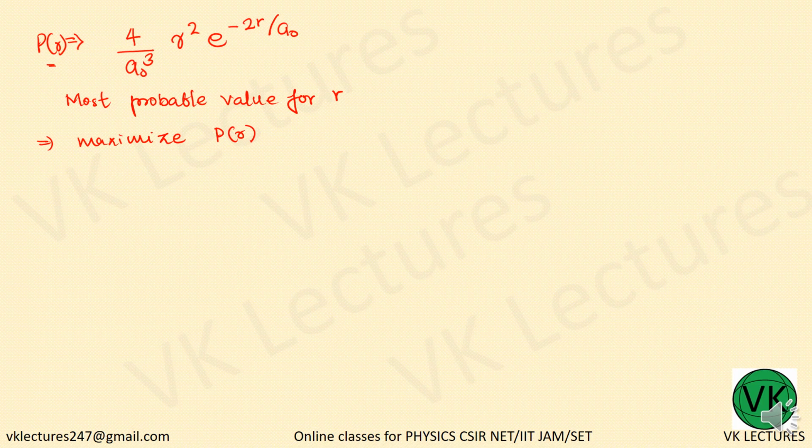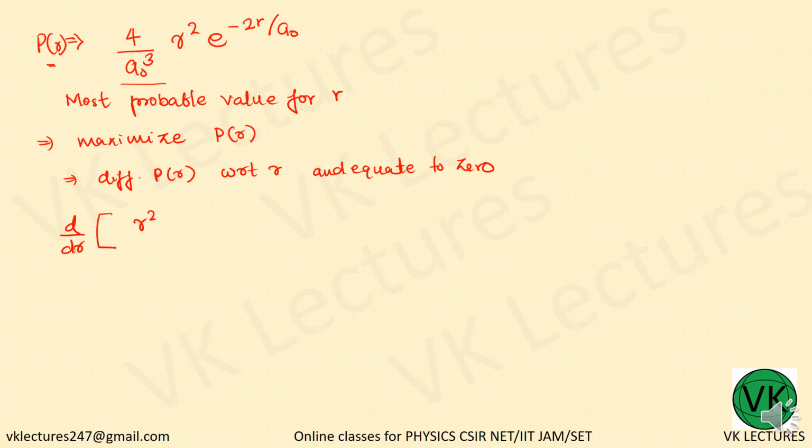To maximize this, we need to differentiate P of r with respect to r and equate to 0. All these quantities on the right hand side are constant. So d by dr of r square e to the power minus 2r divided by a naught equal to 0.